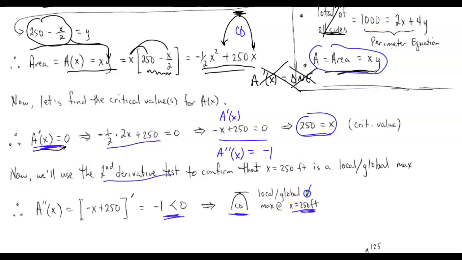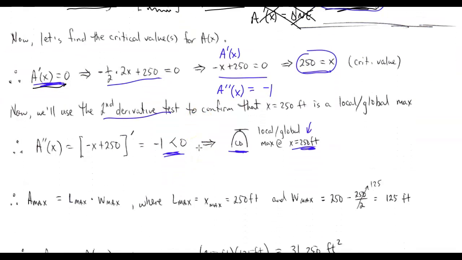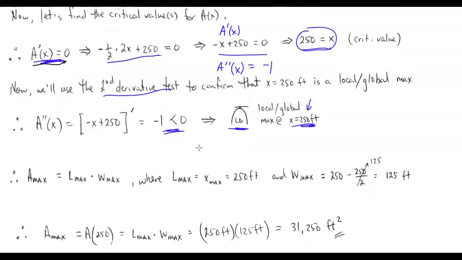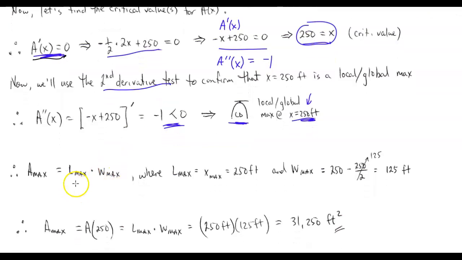Now that we have that information, we can use what we know about area. We know what x is now, and we know y is just 250 minus 1/2 x. We can use that to find the largest area enclosed. Our length at a maximum was just 250.